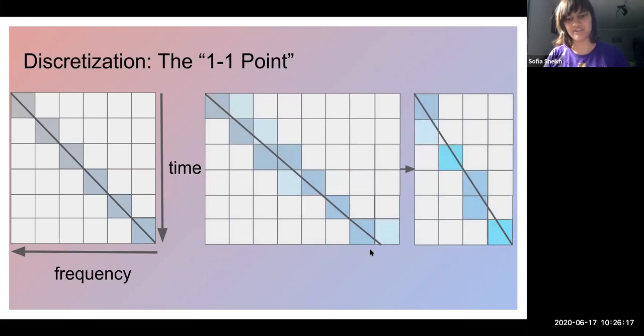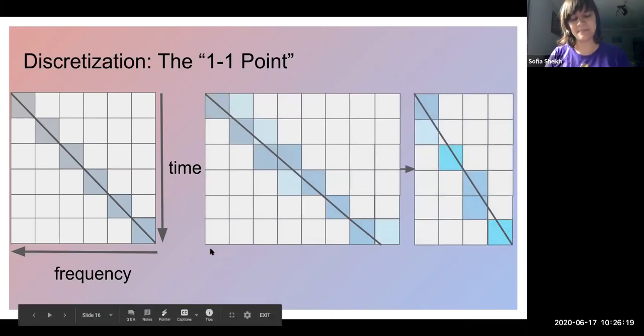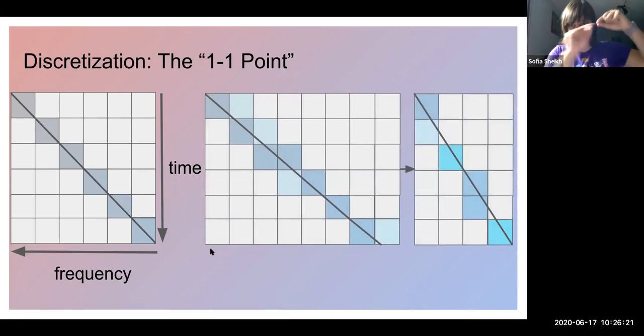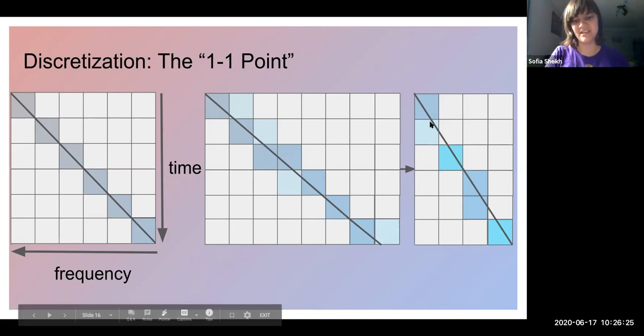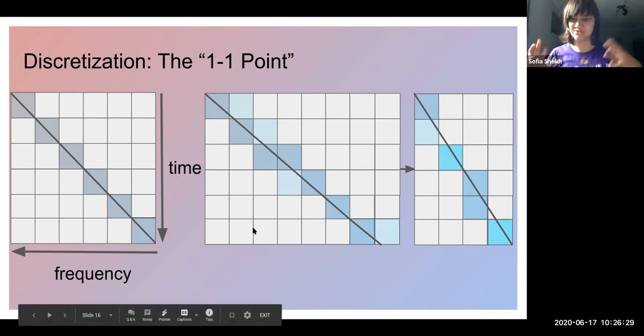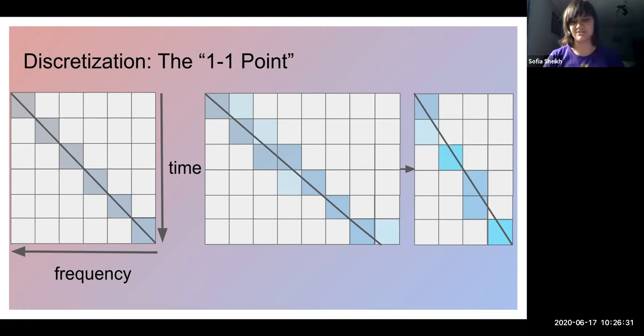The very short summary is if you have a signal that's drifting fast enough to go through multiple frequency bins in the same time bin, kind of shown in this middle image, then you have to collapse your frequency resolution to kind of integrate those pixels together if you want to be able to do these same algorithms on that array without losing power.